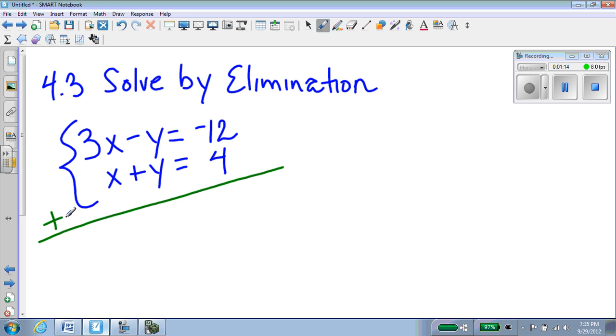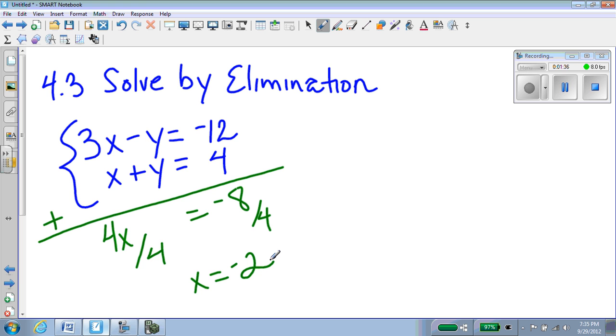In this case, this is lovely because yes, the y's would end up eliminating each other. So I would just have 3x and x, 4x, negative 12 and 4, negative 8. Divide both sides by 4. So x would equal negative 2. As always, I can't just have one part of my solution.